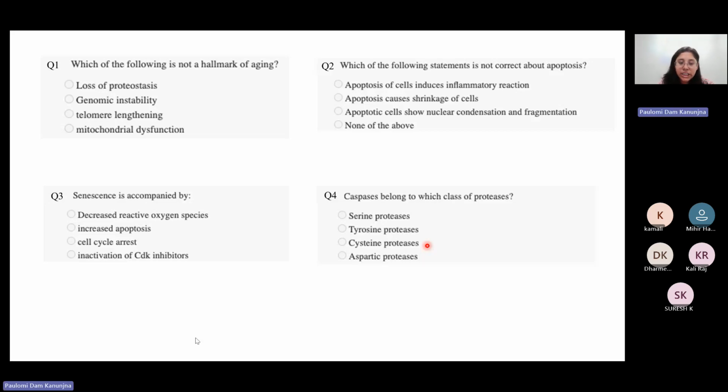Anyone want to take an attempt? Okay, people are still typing and thinking.